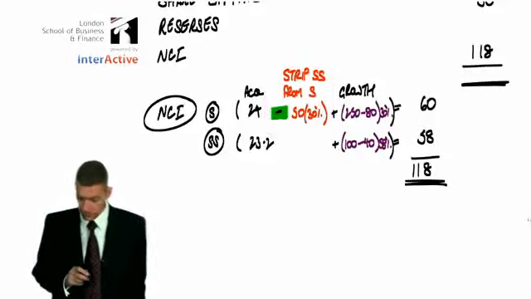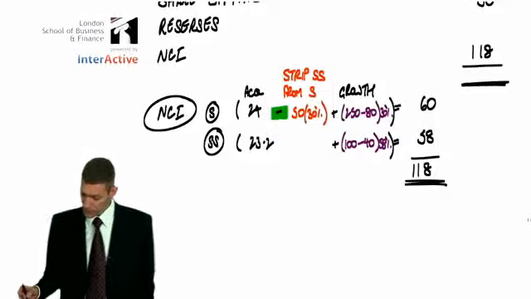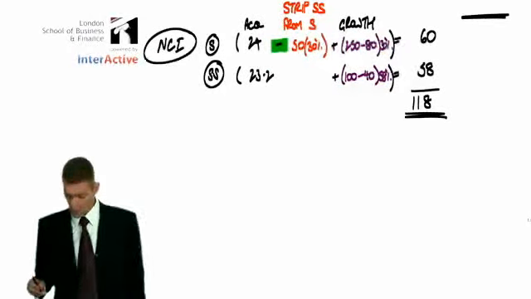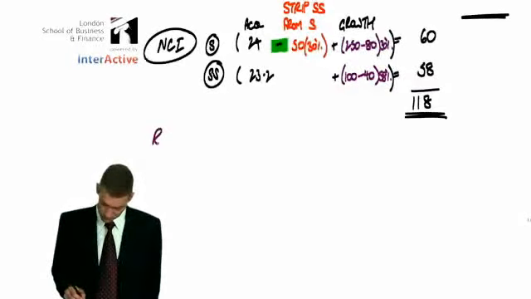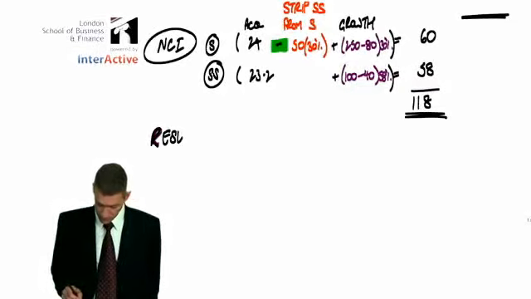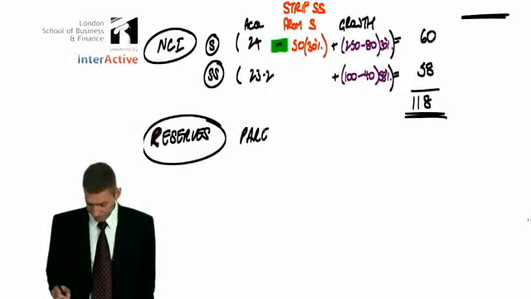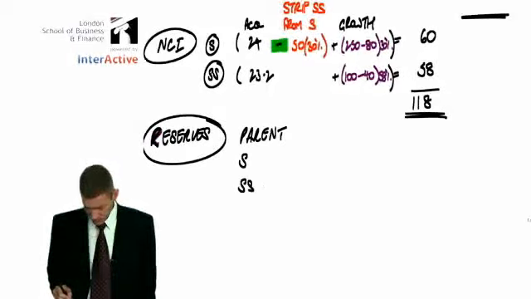Because let's face it, when it comes to the reserves, they're okay. Said I was going to use black, didn't I? So here we go, reserves. We've got parent, sub, and sub-sub.